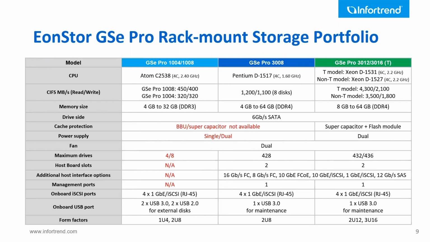As I have mentioned, we provide scale-up only on GSe Pro 3000 series up to 400 drives. The power supply unit can be either dual or single on 4-bay and 8-bay models. Also, you can note that the single PSU units are not upgradable to dual. The 12-bay or the 16-bay models come only in dual PSU configuration.